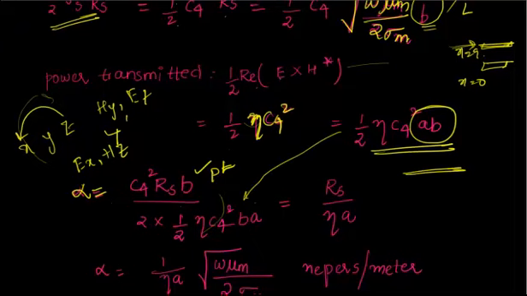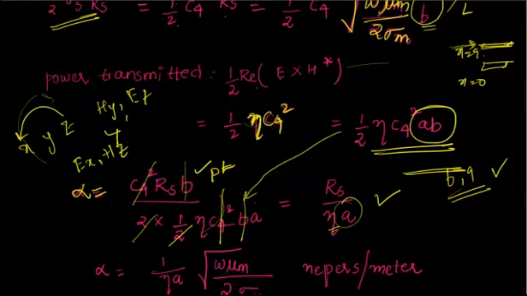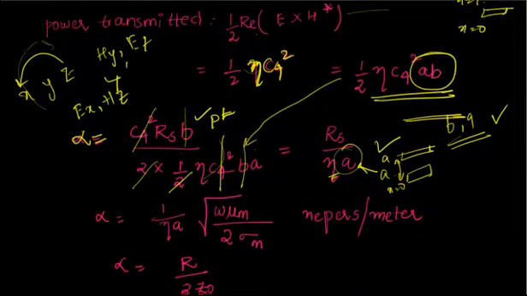The 2 gets cancelled, this C4 square gets cancelled, B cancels, and we get RS by sigma A. Here I forgot to say that B and A are the dimensions of the plate. A is the distance between the plates, as we are indicating x equal to A and 0, the distance between them is A. Eta is the wave impedance.